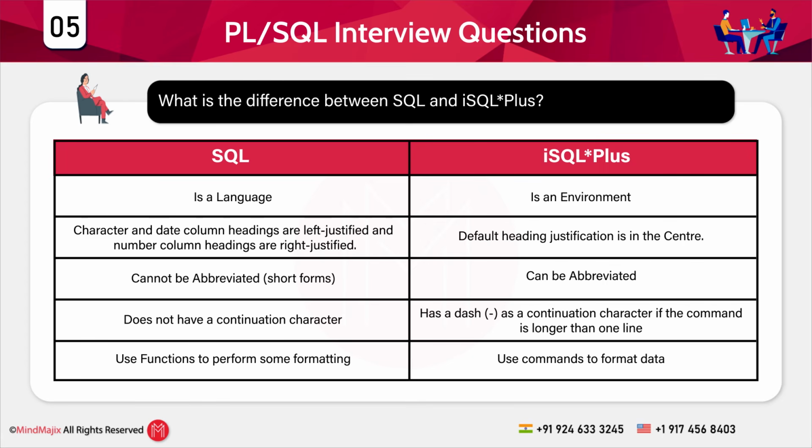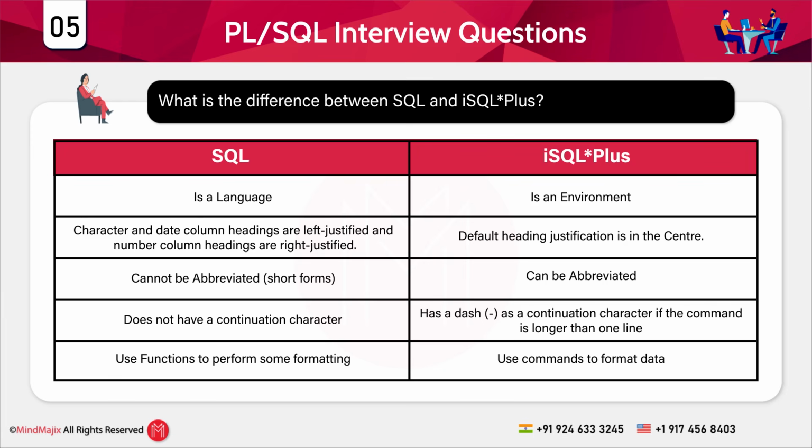In SQL, character and date column headings are left justified and number column headings are right justified. This is the default for SQL. Whereas in iSQL plus, the default heading justification is in the center. Next, SQL cannot be abbreviated, you cannot use short forms in SQL, whereas in iSQL plus, you can use short forms wherever required.